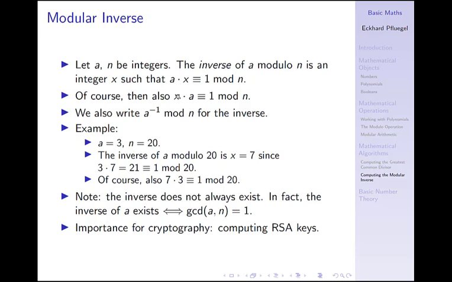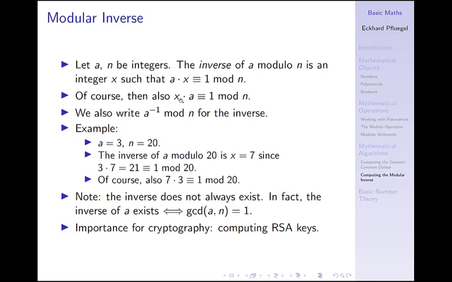So we also write a to the power minus 1. Although it doesn't really make sense normally to say 1 over a, we are just thinking of the property that the product of a and this other number, which we call a to the minus 1, would still be 1, or congruent to 1, modulo n.